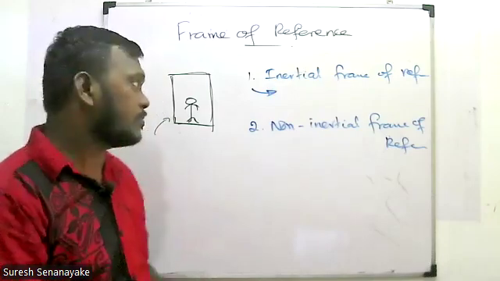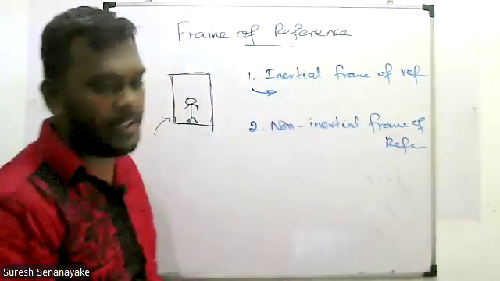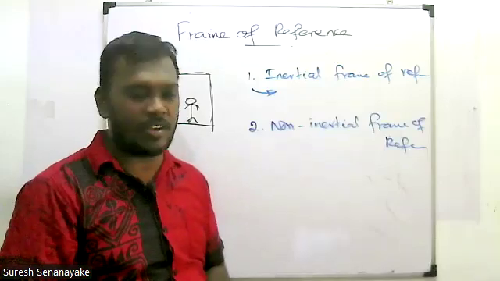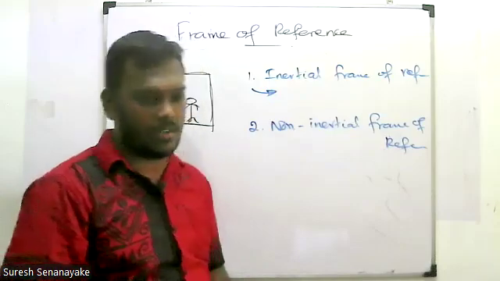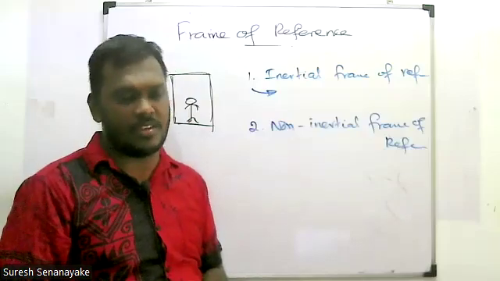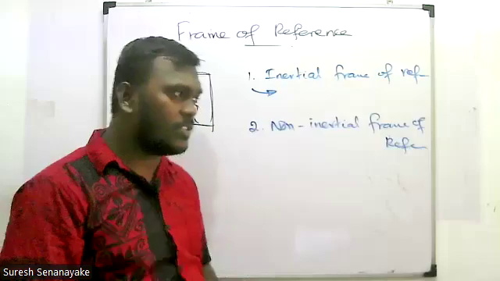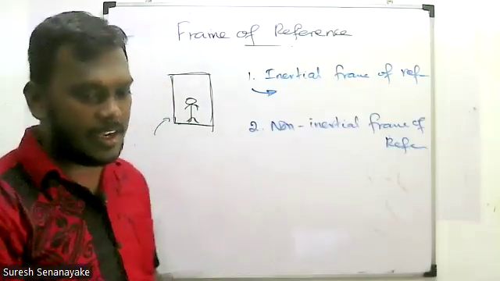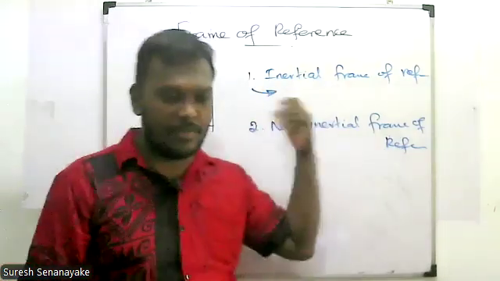Normally we consider our Earth an inertial frame of reference, but in the actual case, the Earth is not an inertial frame of reference, because when the Earth orbits the Sun, it has an acceleration towards the center of the Sun. We call it centripetal acceleration. Clear?